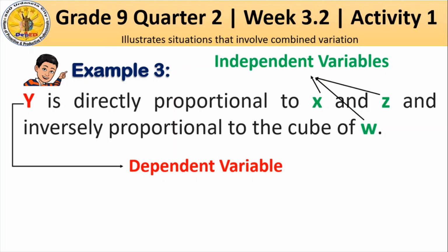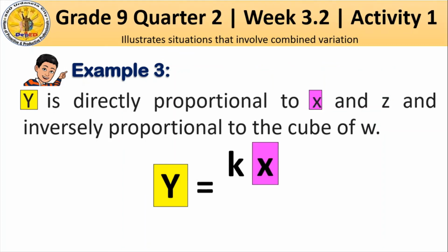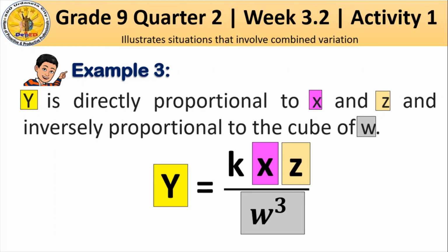So if we translate this into variation equation, we will have y is equal to k times x times z, since y is directly proportional to these two variables, all over w cubed. This is because of the word cube of w.